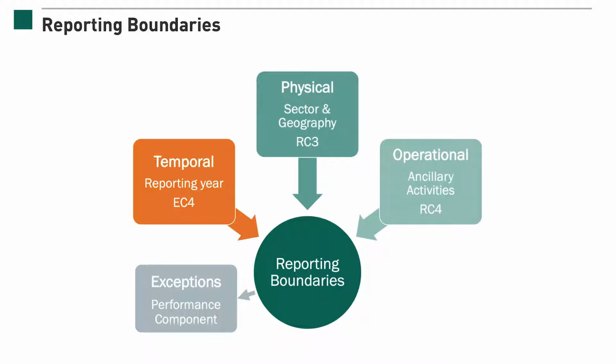RC3, sector and geography, includes a list of asset facilities with their geolocations, thus describing the physical boundary for reporting. And RC4, ancillary activities, includes the list of ancillary activities undertaken by the entity, thus describing the operational boundary for reporting. Everything within the boundary should be reported on within the relevant indicators, and everything outside the boundary should not be included.